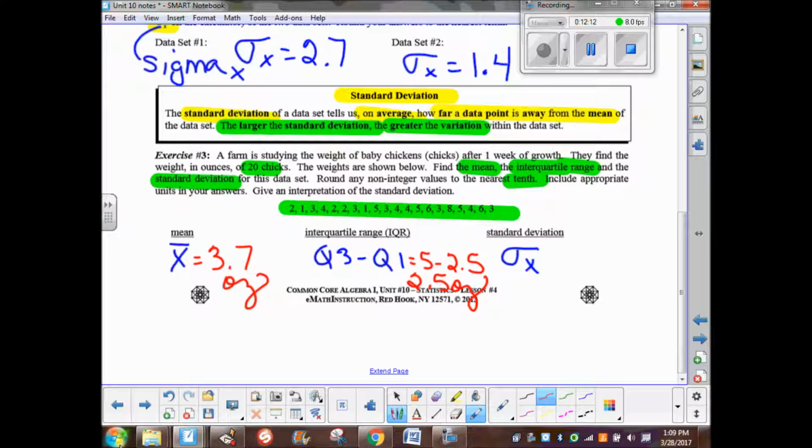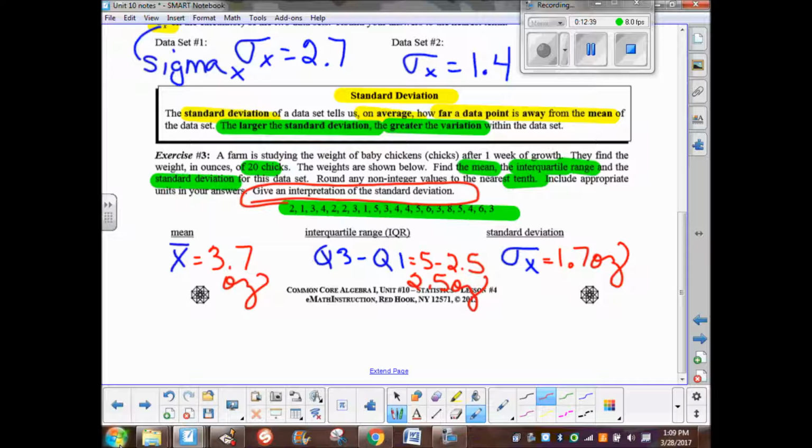And the standard deviation is 1.7 ounces. It also asks us to give an interpretation of the standard deviation. So think about what that definition said: how far a data point is away from the mean. So we've got the mean is 3.7.